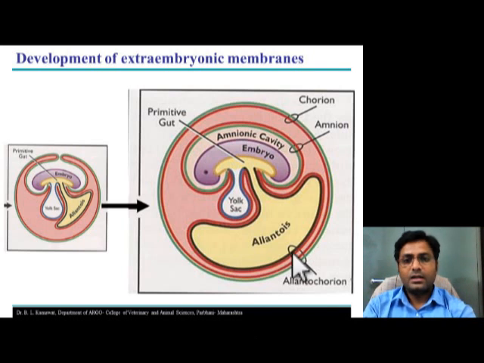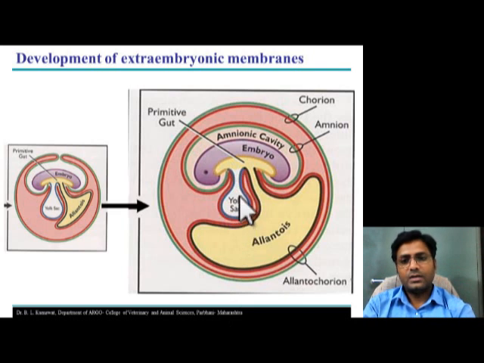On the other hand, you can see the allantoic membrane is also fused with the chorionic membrane, and now it is termed allantochorion, whereas the yolk sac is completely regressed in size.